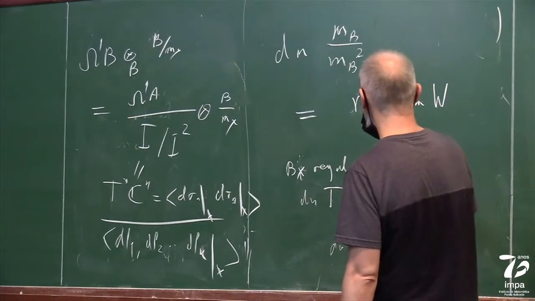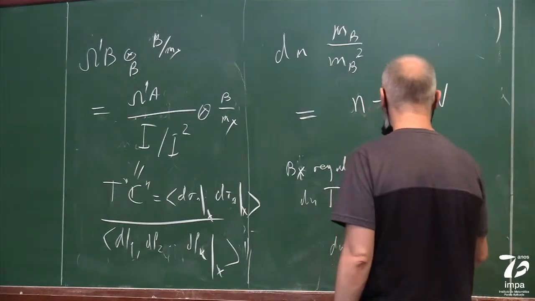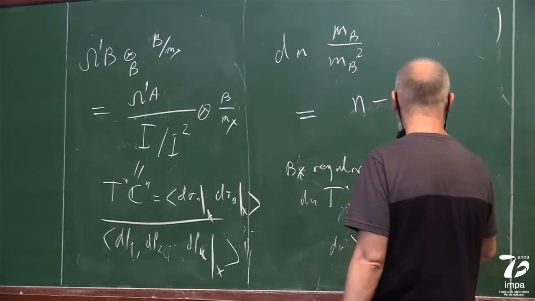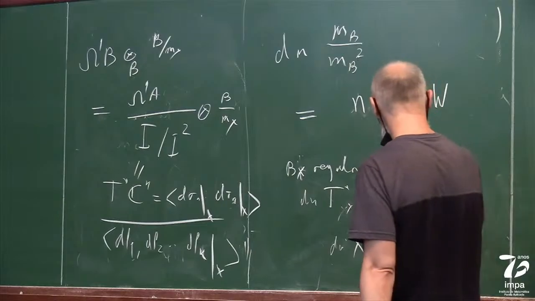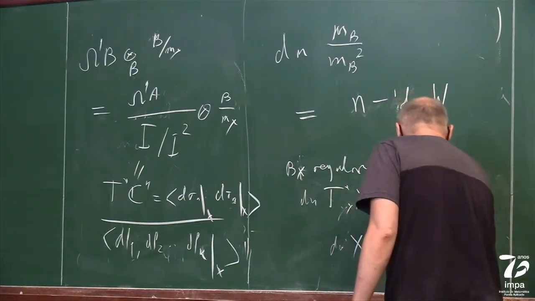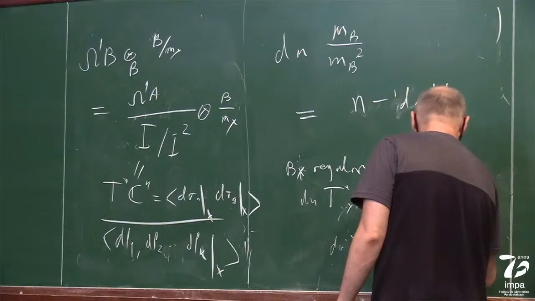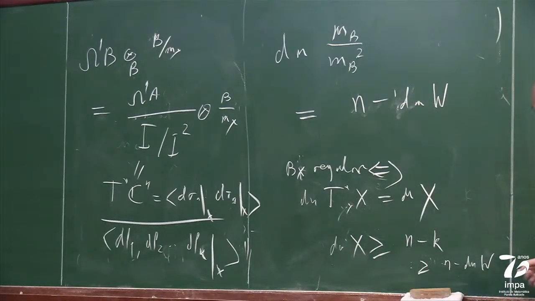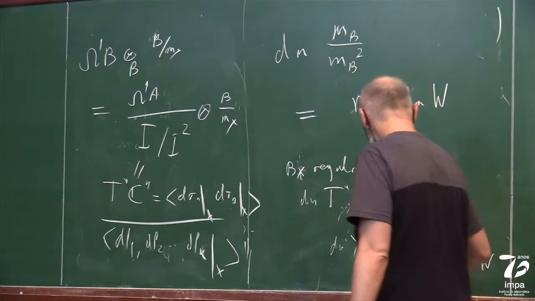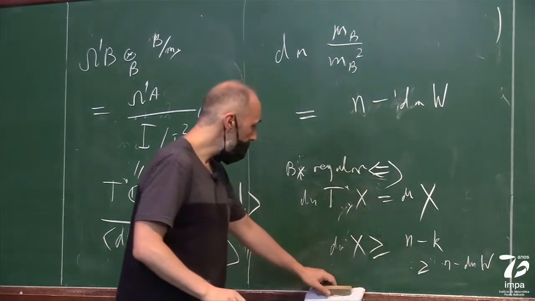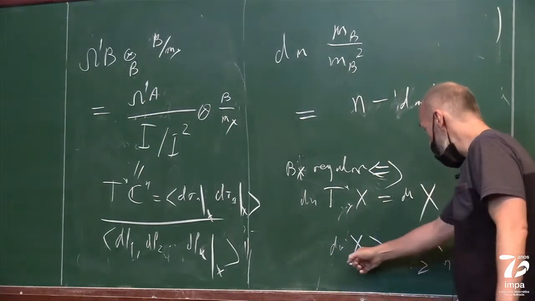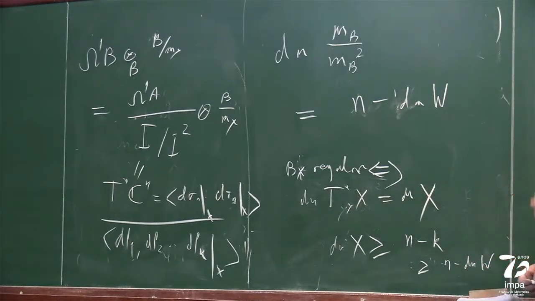Okay, and this is a dimension. I mean, the dimension of W is bigger or equal than n minus dimension of W. Okay, so the equality happens if and only if our ring is regular.